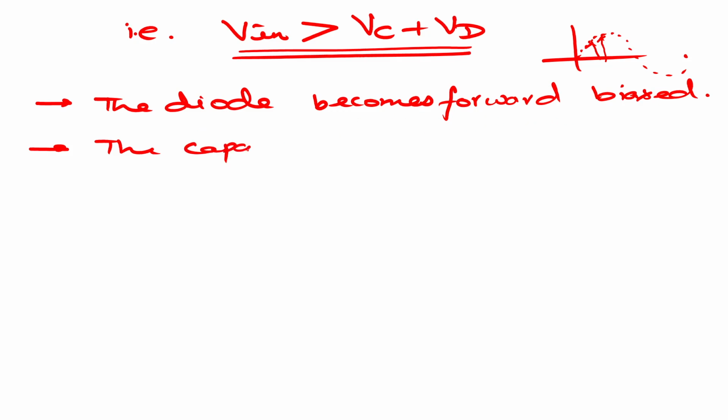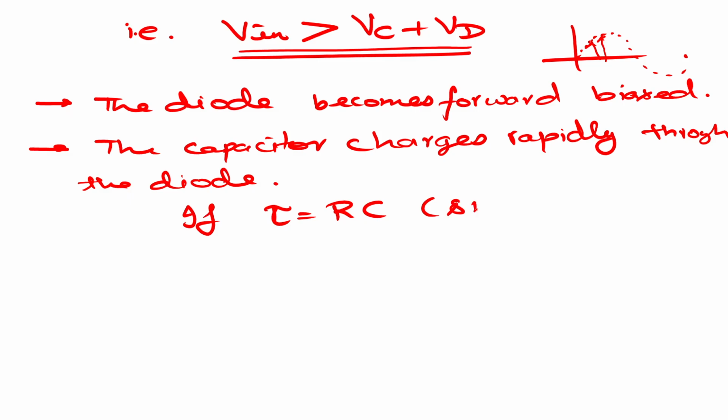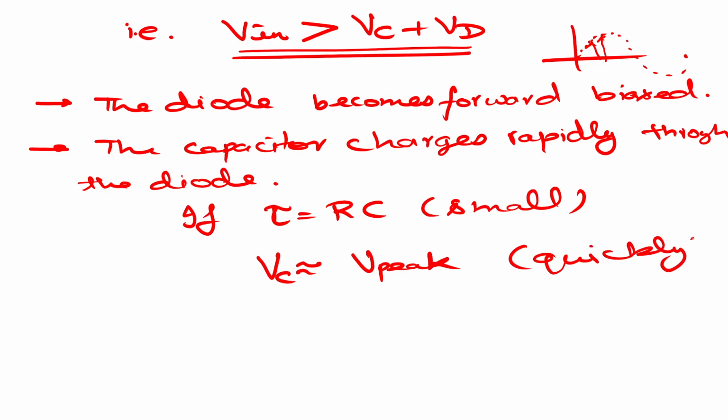If our time constant tau, which is given by RC, is small, ideally it is small, then immediately our Vc becomes V peak. It becomes so quickly. So ideally that's what we want in a regular peak detector.